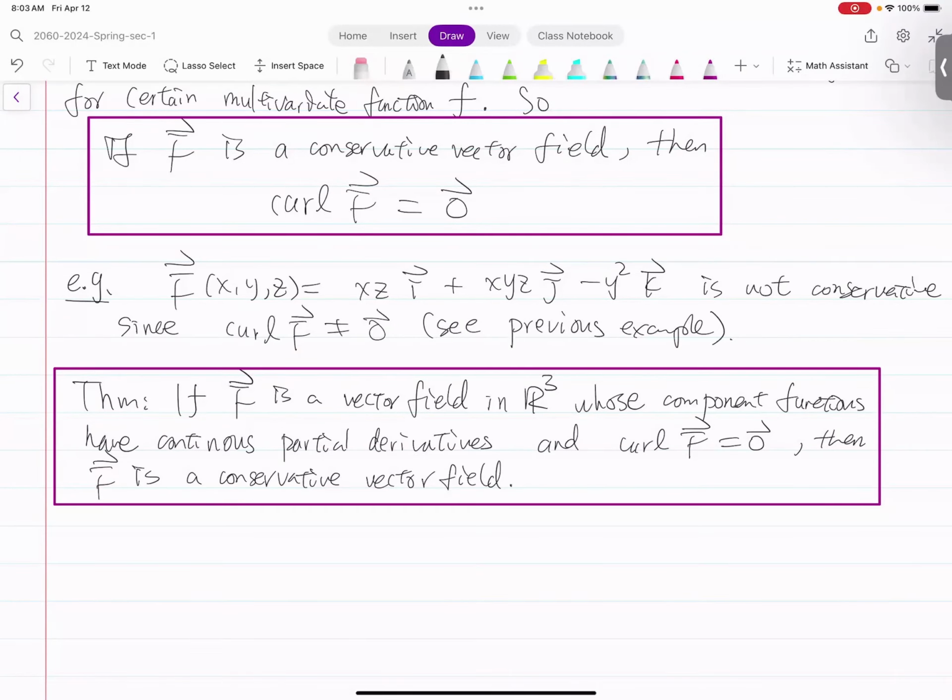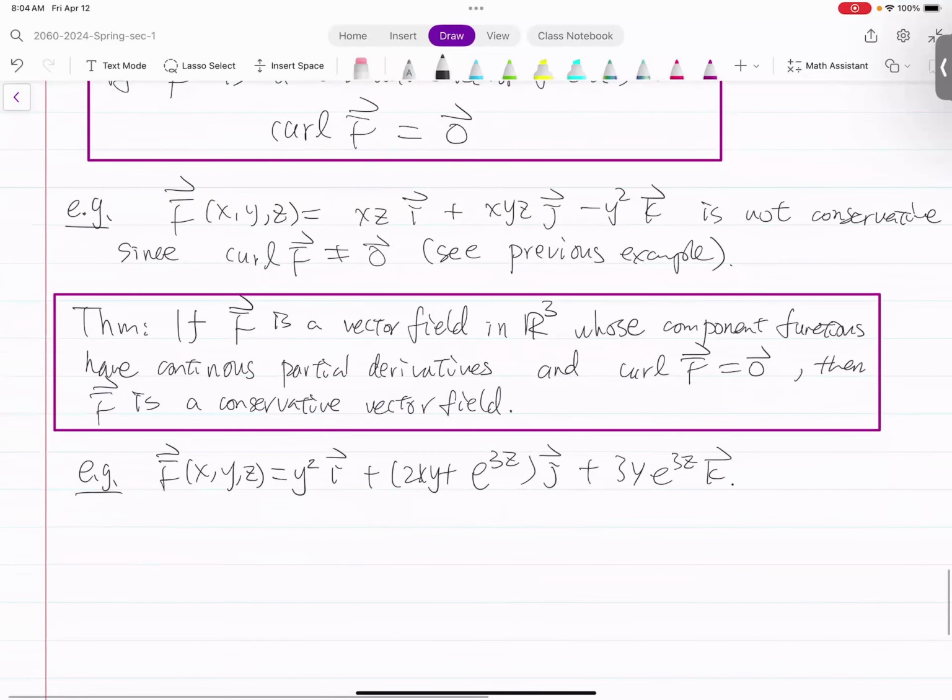Okay. So then it becomes a question how to exactly find that potential function for a conservative vector field. So this is a process that we can systematically handle. So example, so let's say we have f of x, y, z, just a vector field that is having y squared in the first component, 2xy plus e to the 3z in the second component, plus 3y e to the 3z, third component.